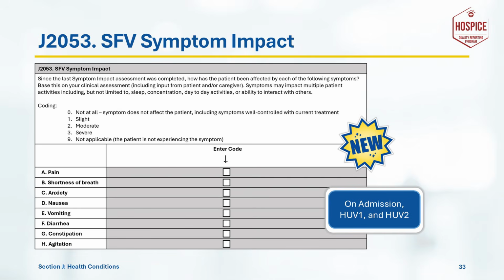J2053 SFV symptom impact is the last new item in Section J. Like the previous items, this is collected on admission at HUV1 and HUV2. This one includes the same symptoms, only this time the clinician will ask whether the impact has changed since the last assessment visit.